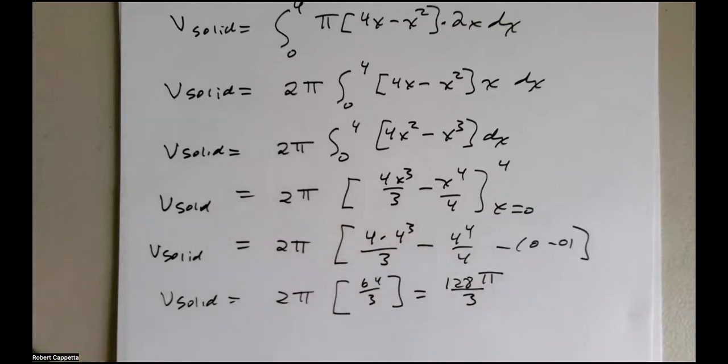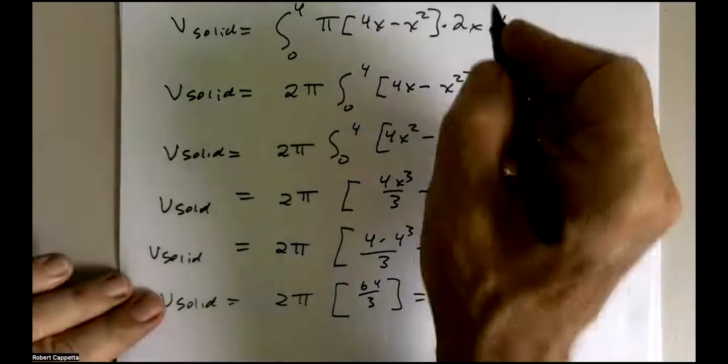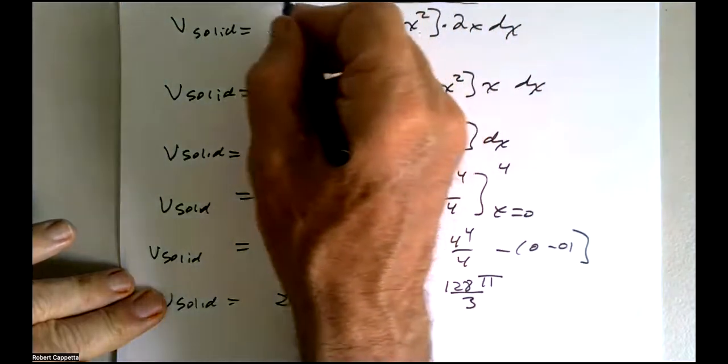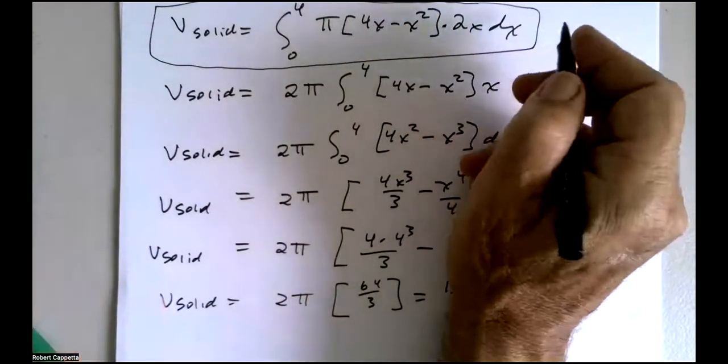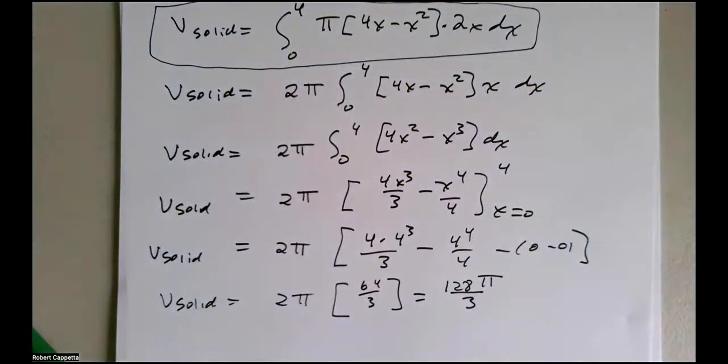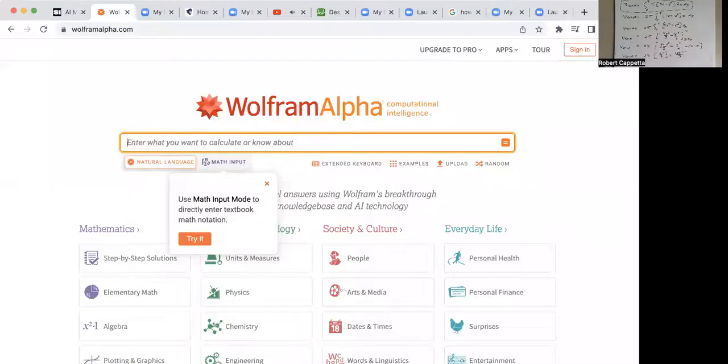And, you know, for something like this, it's a good idea to check your work. So let's go ahead and feed this integral in either to the graphing calculator or into Wolfram Alpha or something like that. So let me do that. So jump into Wolfram Alpha. What am I going to say?